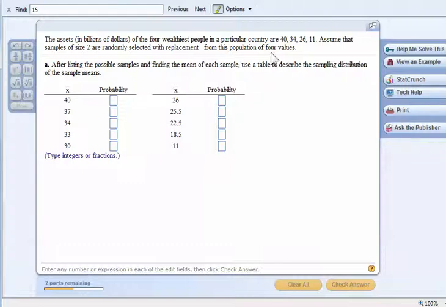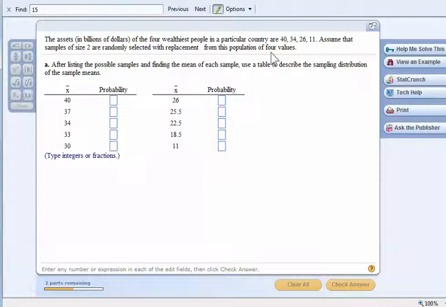They're keeping it small so that they can demonstrate taking all possible samples of size 2 from your population, and then we're going to find out how sampling distributions work, but specifically how some sampling distributions will target the population parameter and some won't.